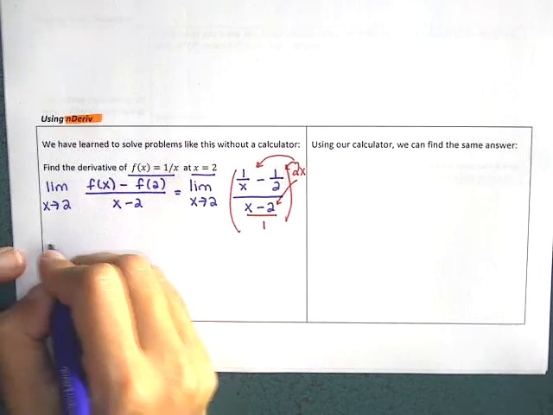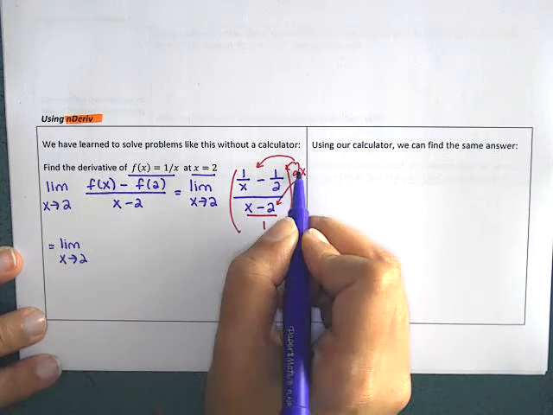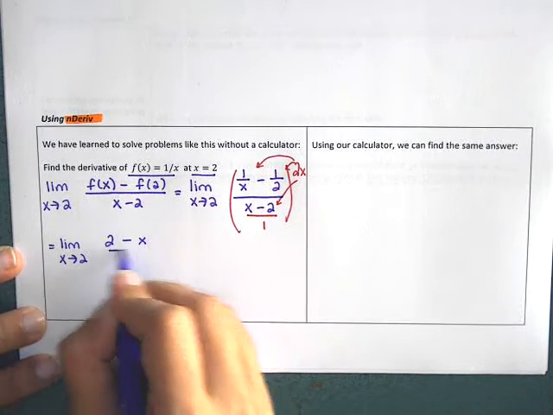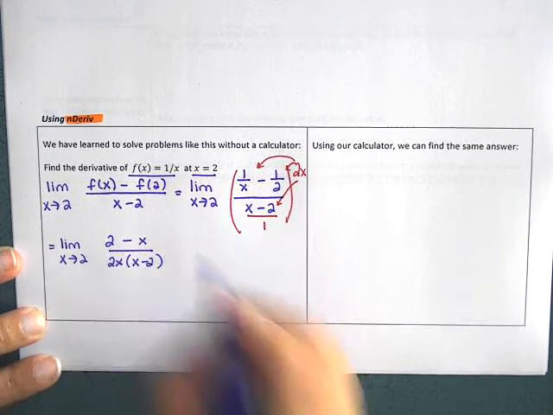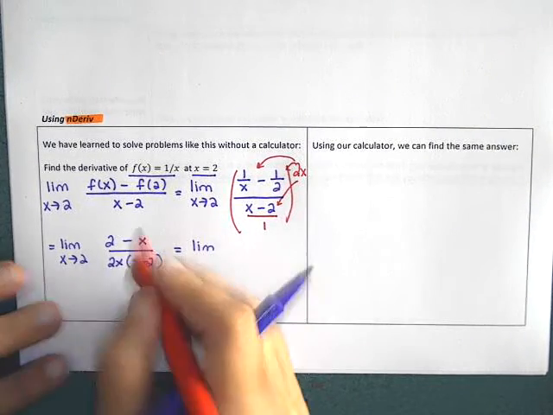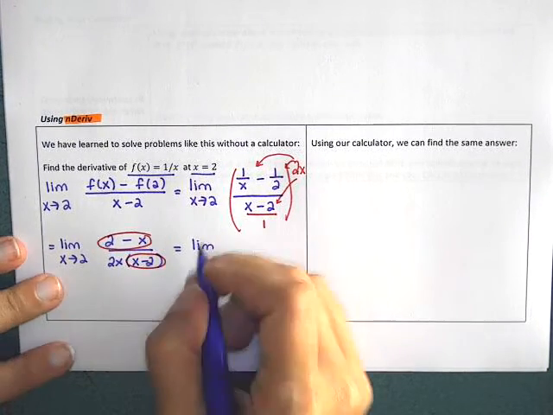I get the limit as x approaches 2 of, first the x's cancel, so it's 2. Then the 2's cancel, so it's x. Then nothing cancels, so it's 2 times x minus 2. We said that in order to make the 2 minus x on the top and the x minus 2 cancel, we have to factor out a negative 1.